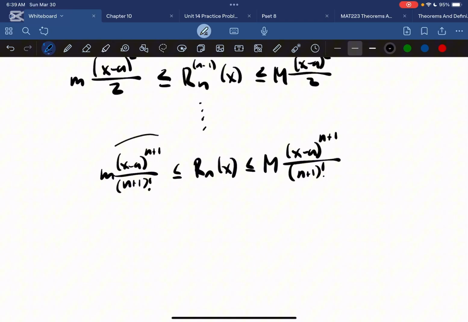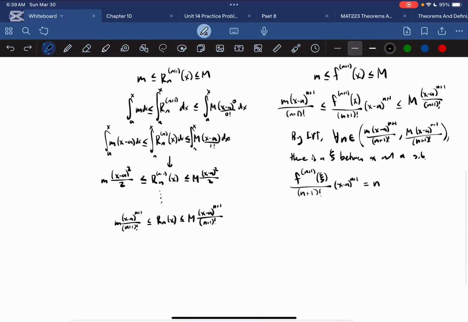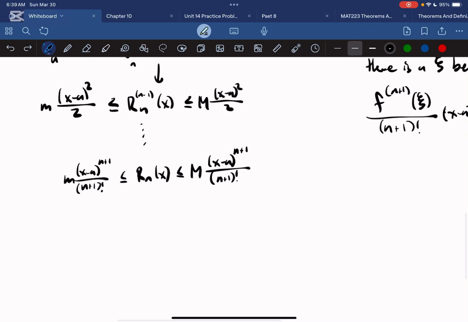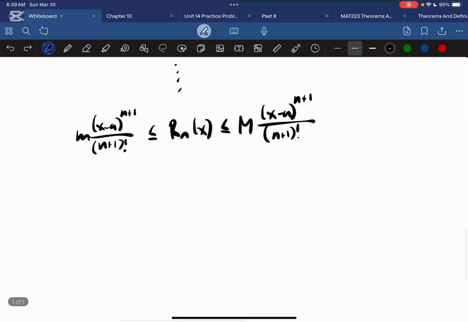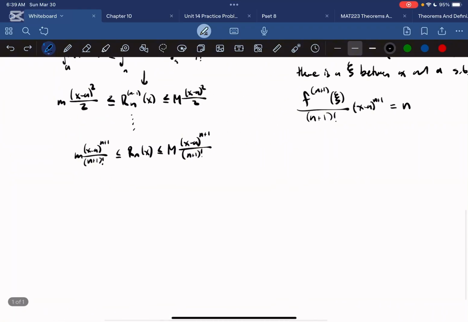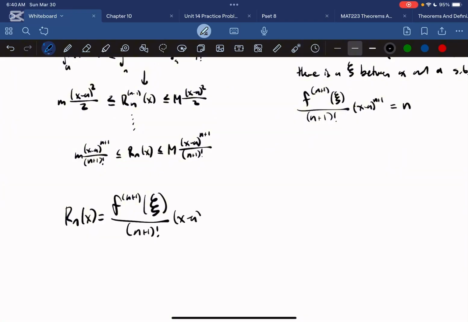Now we know that for any value in between these two, we can find a xi. So we know Rn is in between these values, meaning that we can say Rn is equal to this for some xi in between x and a.